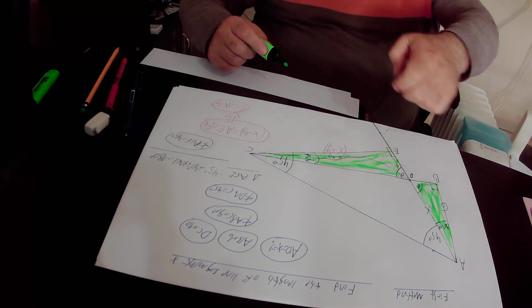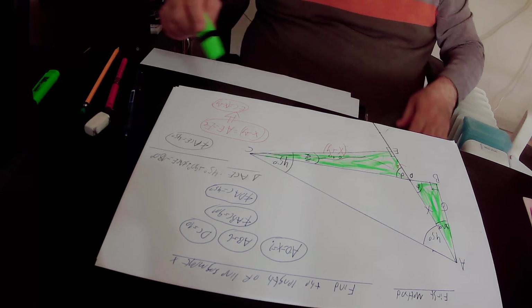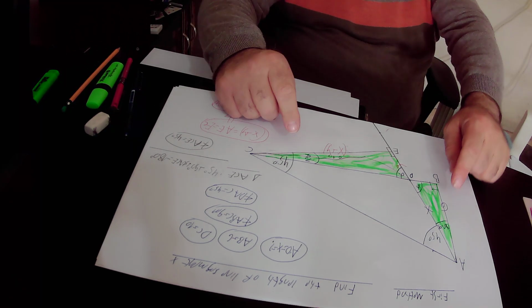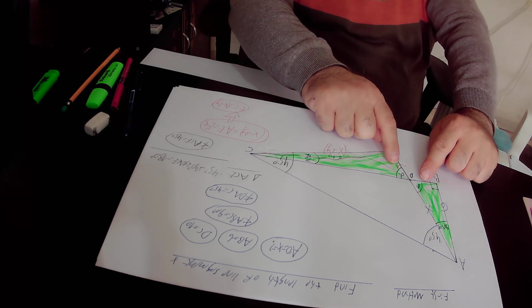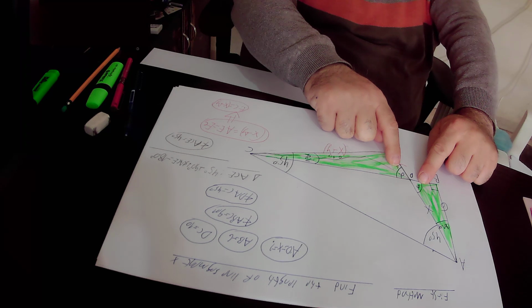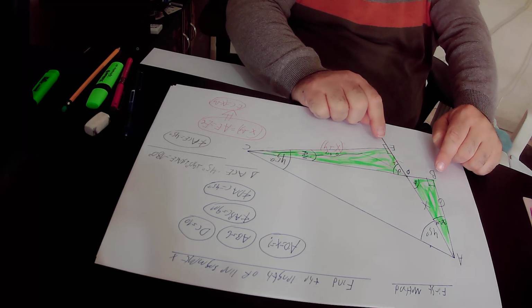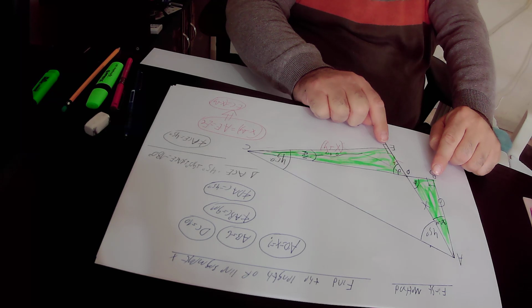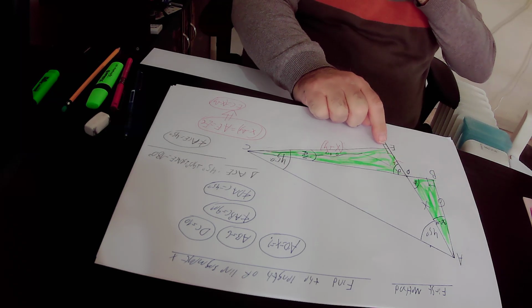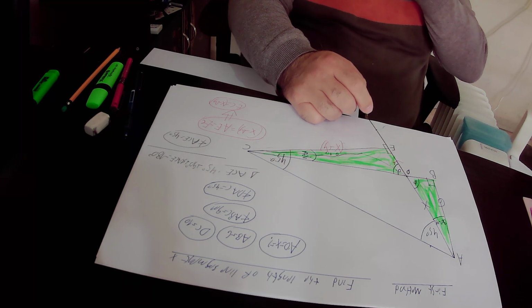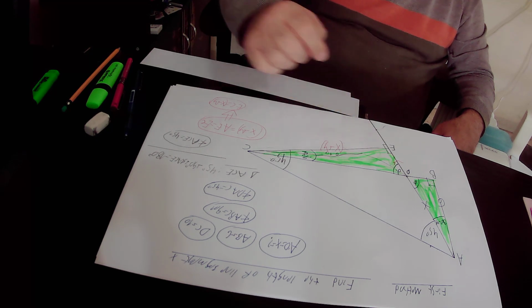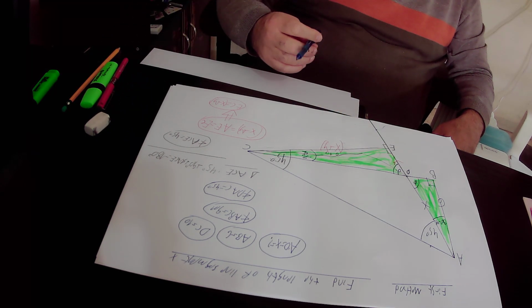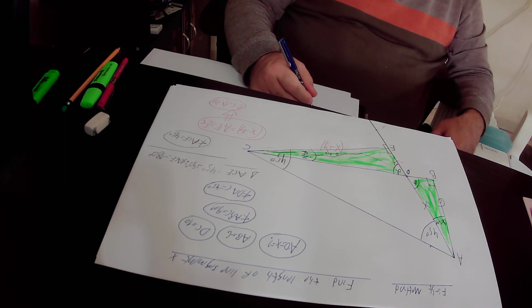Why are those two green right triangles similar to each other? Because both those two right triangles have this angle that is equal to 90 degrees minus alpha. Both those two triangles have this angle that is equal to alpha, and both those two right green triangles have this angle that is equal to 90 degrees. Therefore, those two triangles are similar to each other according to the angle similarity rule. So I'll write it down.